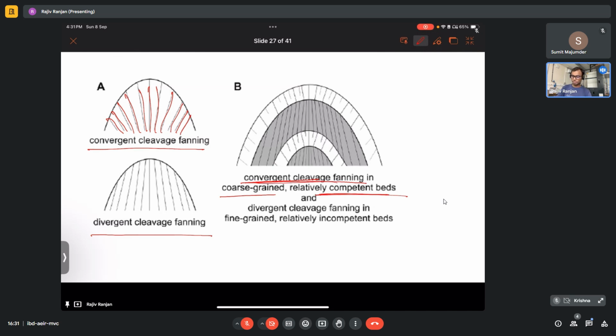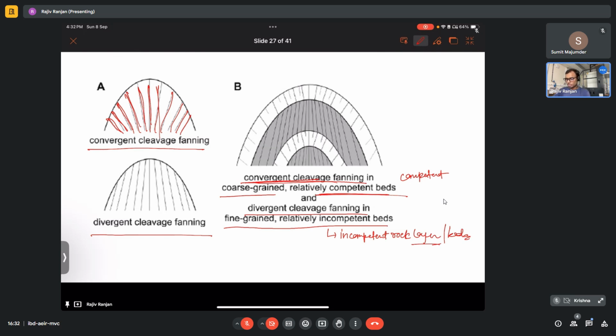If something is getting converged, this suggests that it is a competent bed. Divergent cleavage fanning occurs in fine grain, incompetent rock layers or beds.